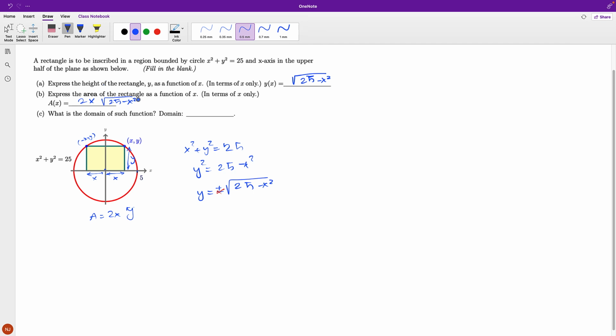The next question is asking, what is the domain of such a function? Let's think about this. Domain, the input variable is x. And x can be placed anywhere in the first quadrant.